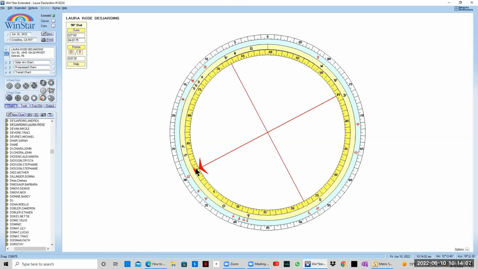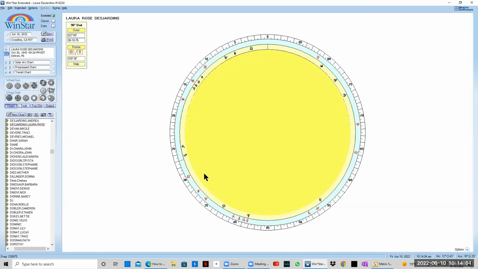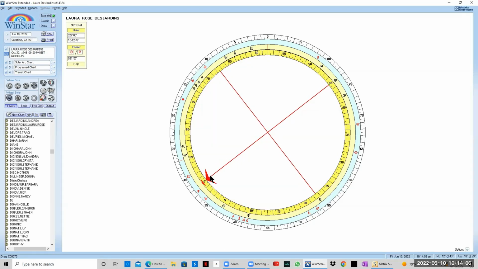And there were a lot of things going on here where this planet Mercury or Uranus was being hit off by the Moon. Remember, I explained that Uranus sat at the midpoint of the planet Moon and the Midheaven.